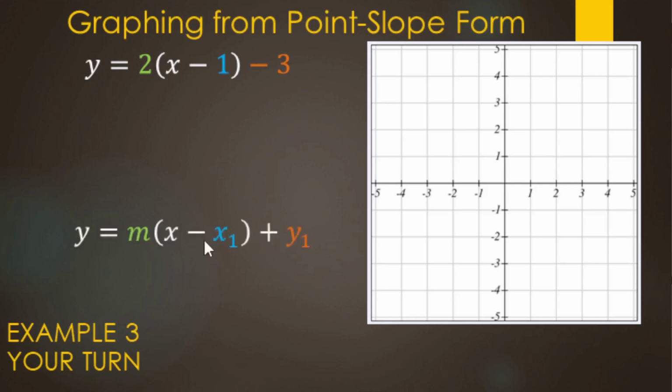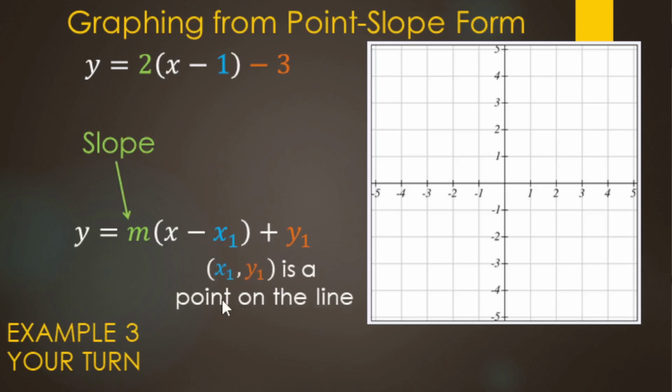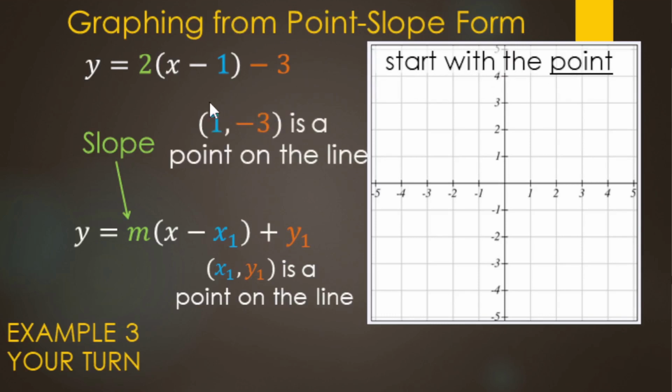So we do notice that this equation is in point-slope form, m, x minus x1 plus y1. Okay, so remember that m, that's going to be our slope, and then the x1, y1 is a point on the line. So there's tons of points on the line, but this is the one we're going to be working with. So for our equation here, starting with a point, what's the point we're going to be working on here? Well, that's going to be positive 1, negative 3.